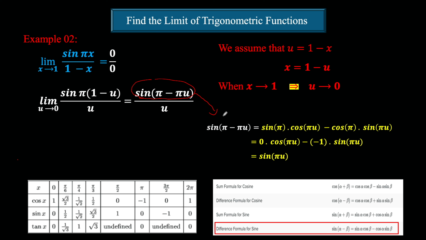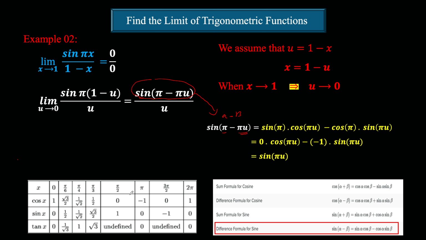So here is a minus b. So we are here in this case, right? You take sine a, so here is a, here is b. So sine p, okay? Multiplied by cosine b, so multiplied by cosine, here it is pu, okay? Minus cosine a, cosine p, sine b is sine pu, okay?